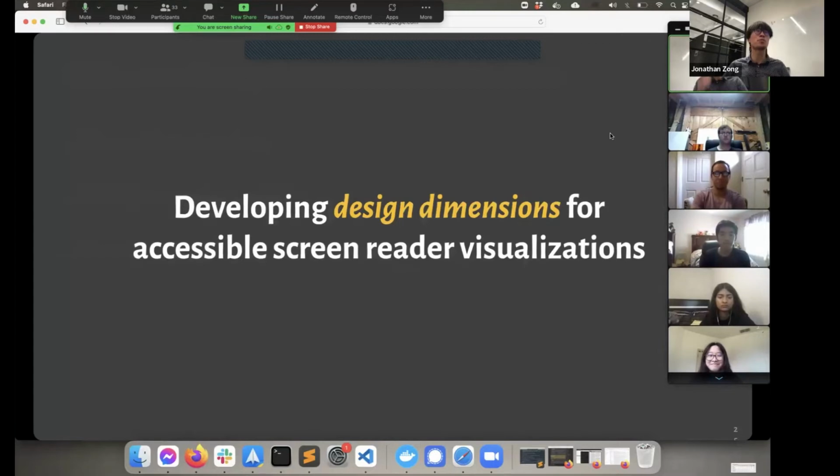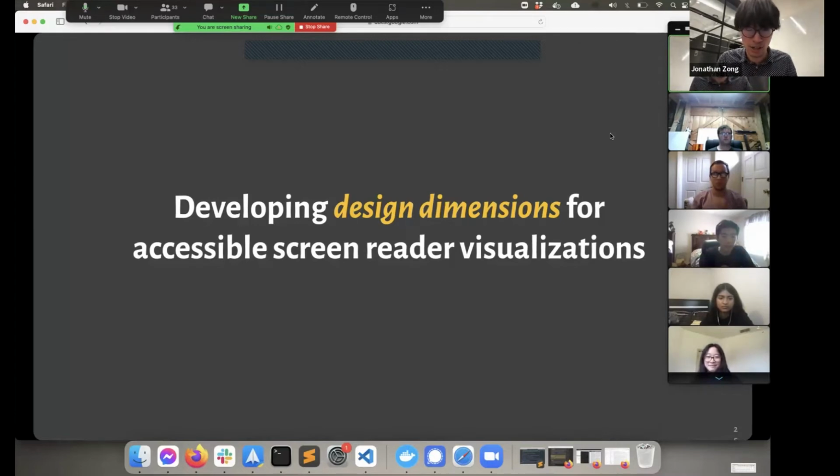All right, so like I was saying earlier, one of our goals in making some prototypes and going through this design process was to develop some design dimensions for thinking about what's important to consider when making these accessible screen reader visualizations.